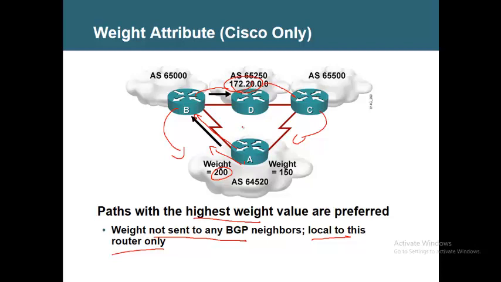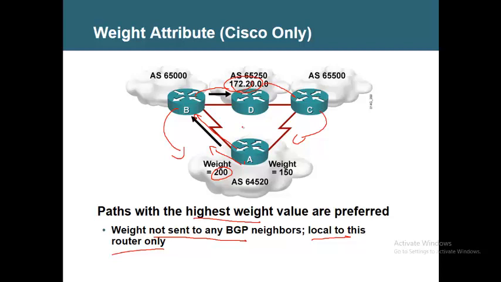B is considered a high weightage neighbor. So A will decide to go out via B. A will show more interest in B rather than C. Even though they both give the same network, A prefers to go via B.